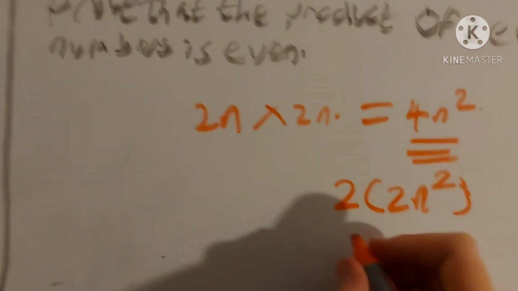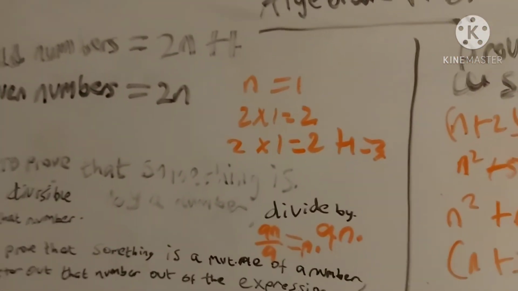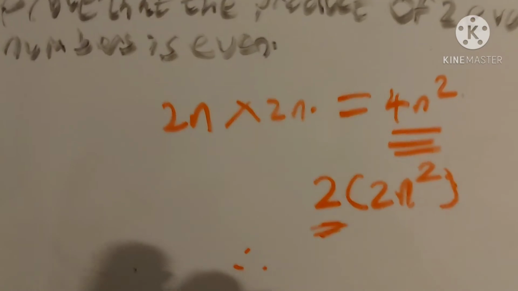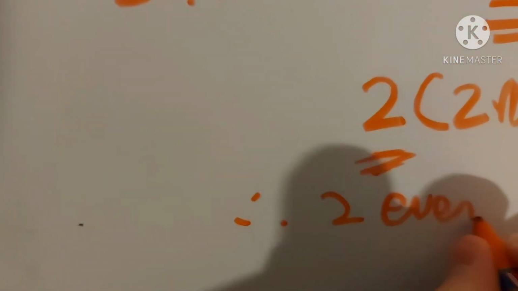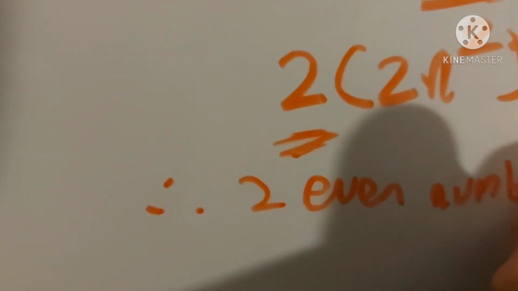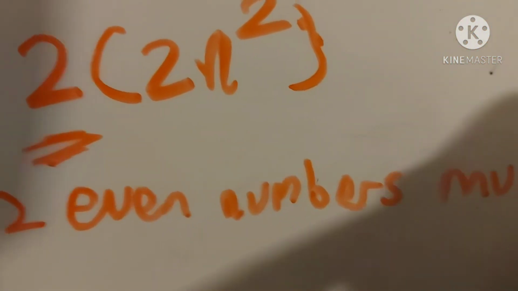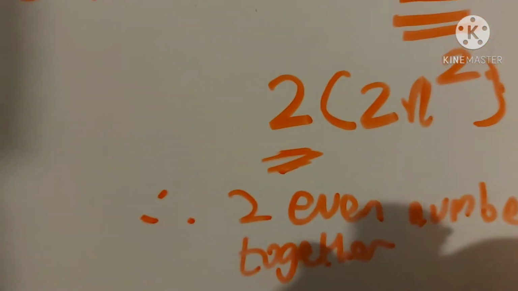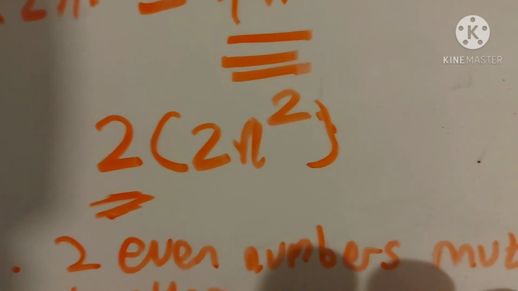And because it's a factor of 2, and we know that even numbers are in the format of 2n, we can say, therefore, 2 even numbers multiplied together equals an even number.